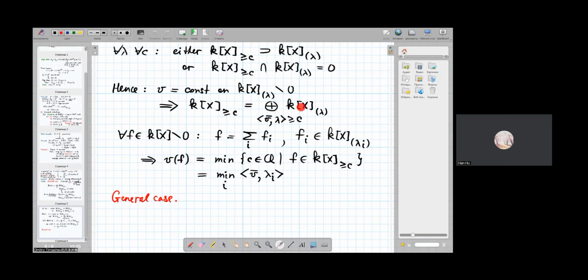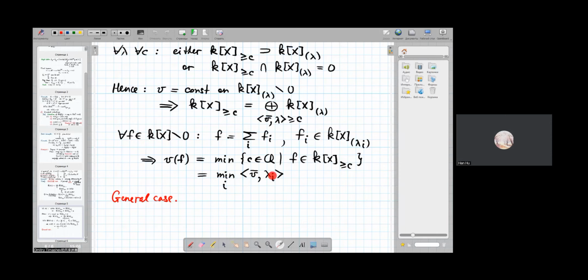But we can have two different lambda i, such as lambda 1 and lambda 2, but their value at... Yes. And so what? So if the value of v bar at two different weights is the same, we cannot apply exercise 1. But we take the minimum here.